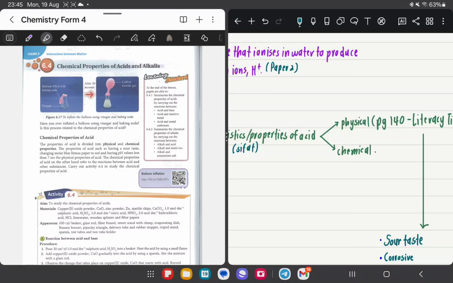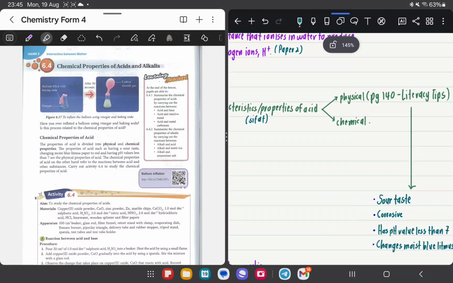In chemistry you always get to know about physical and chemical properties a lot. Physical properties means things that you can see using your five senses. You can use your eye to see the changes, your nose to smell it, your tongue to taste it, maybe your ear to hear it. Those are physical properties.